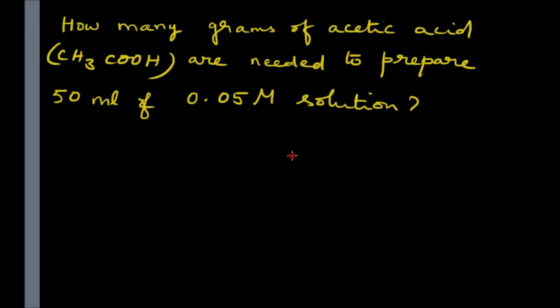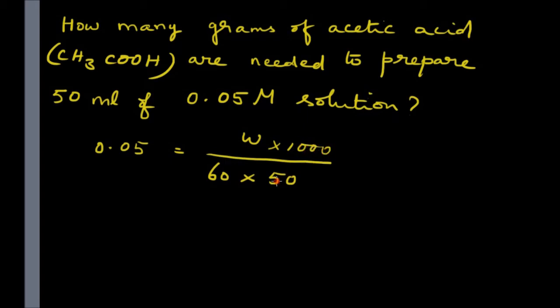Let us substitute it now. For molarity, we will write 0.05 is equal to W. That is what is to be calculated. And molar mass of acetic acid, you can find it out to be 60, into volume in liters. What is the volume given? 50 ml. So, as before, we will write it as 50 by 1000 to make the calculation easier.